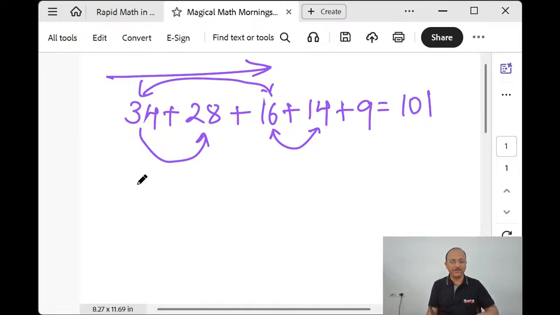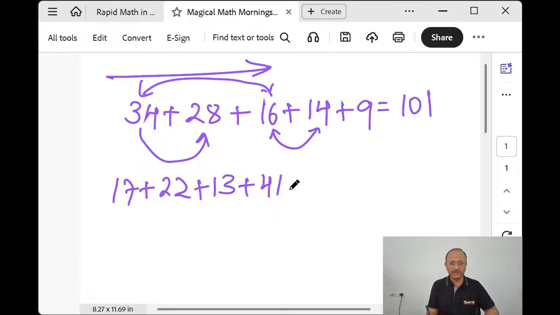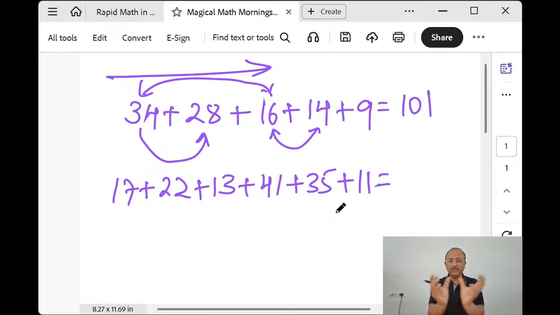Let's take the next example. 17 plus 22 plus 13 plus 41 plus 35 plus 11 we want to add. Always we look for the numbers which are close friends, that is, they make couples where the numbers add up to multiples of ten.